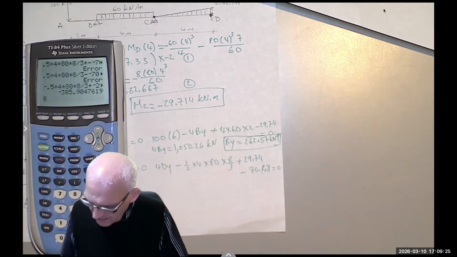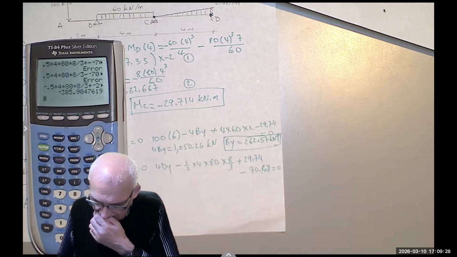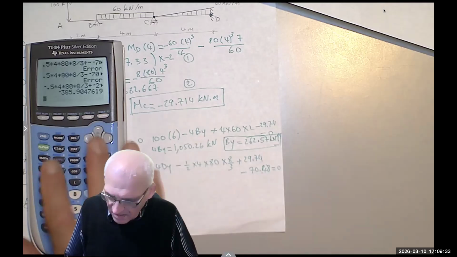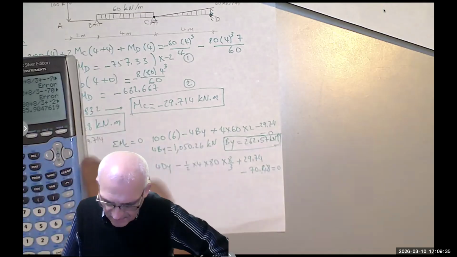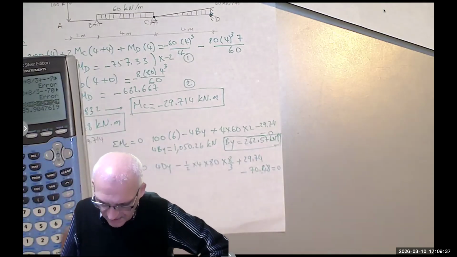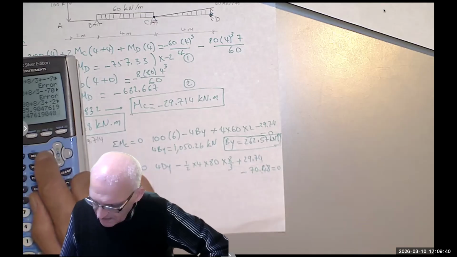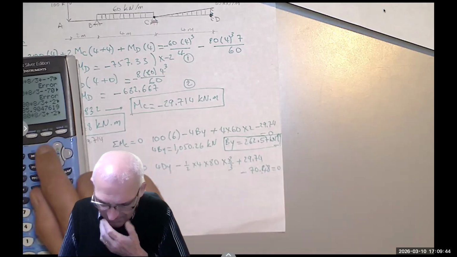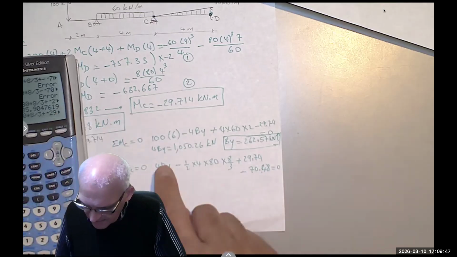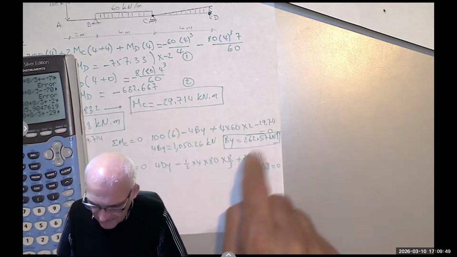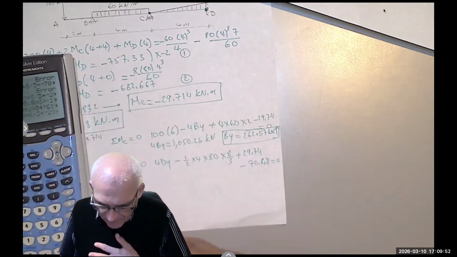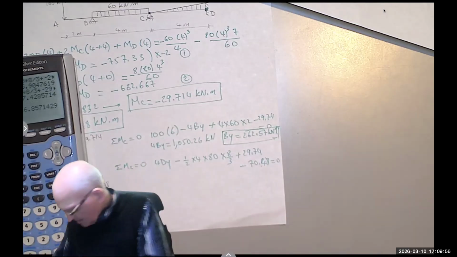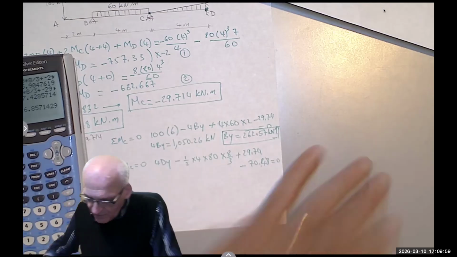No, it's fine. That should be positive. Why did I say negative 0.5? The reaction has to be positive here. Okay, let's check. This is positive, this is negative, this is positive. So that should be fine. And then I'm going to divide it by 4. So I get, okay, that makes more sense now.